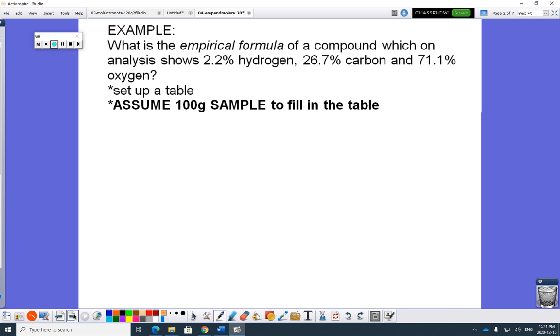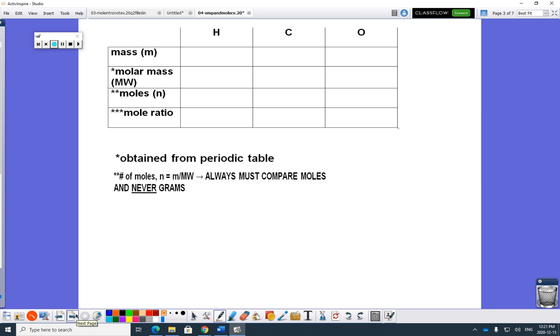When you get them to moles, it's all going to be a similar percentage. That's the whole purpose behind percent composition. So we sometimes say assume a 100-gram sample, because then 2.2% of 100 is just 2.2 grams, okay? So when you're given percentages, we are just going to change them into gram amounts.